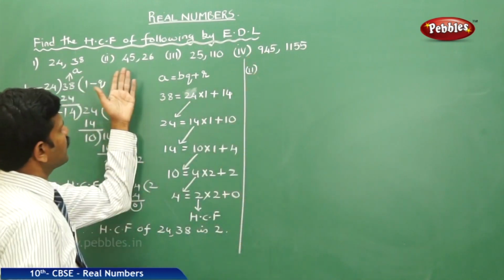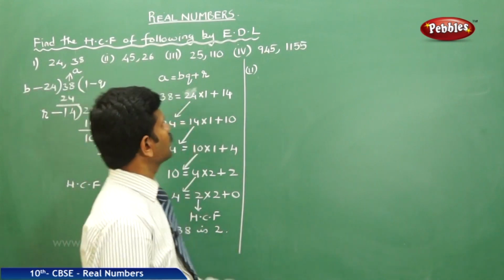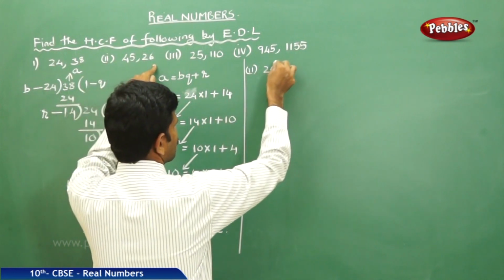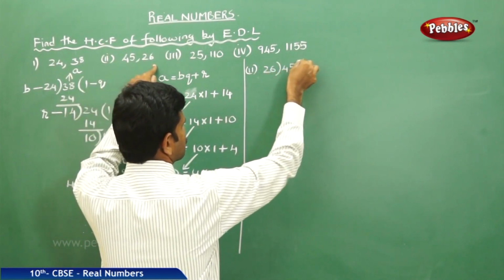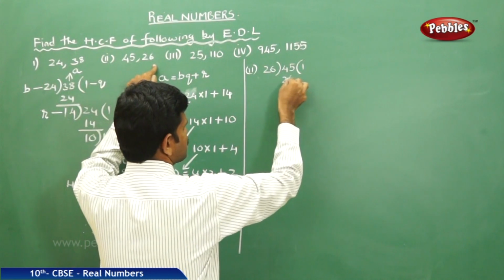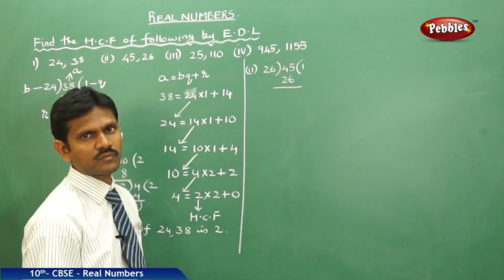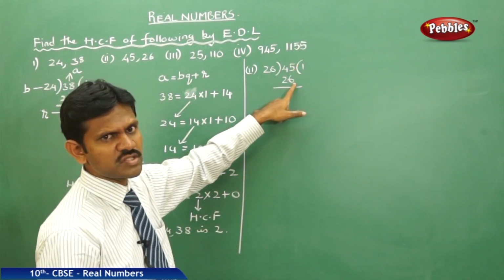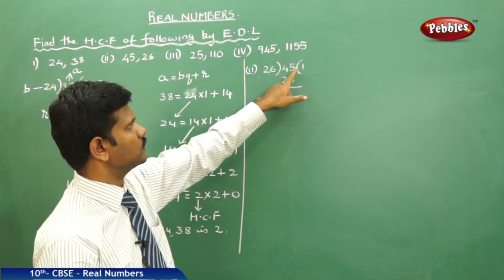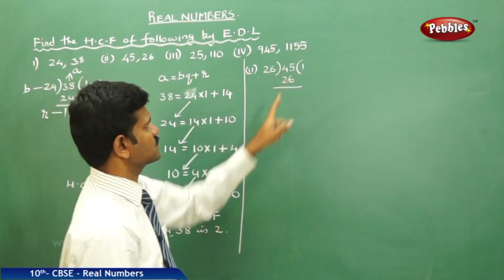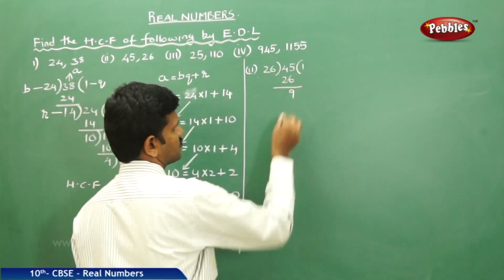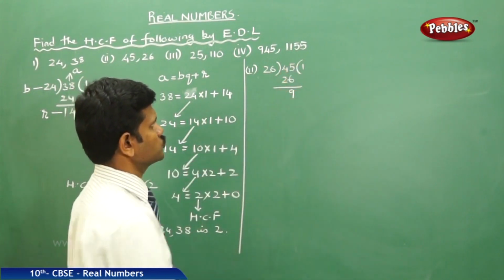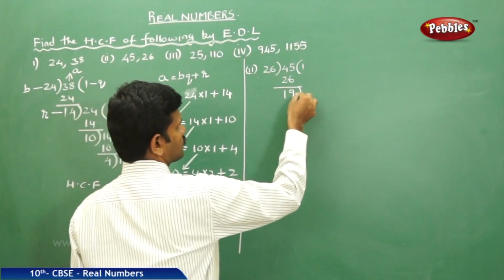Second example, 45 and 26. From these two, 26 is the least. 45, that is 1 time 26. 5 minus 6 is not possible, so borrow. 15 minus 6, that is 9. 1 is borrowed, 3 left. 3 minus 2, 1.